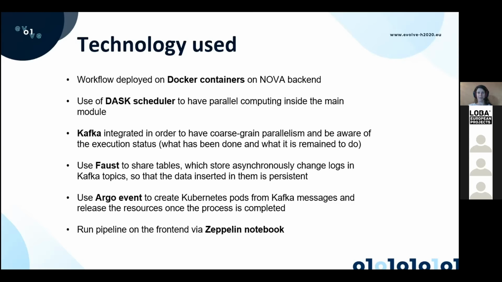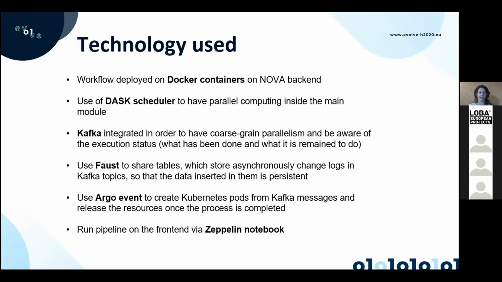And by doing that, we can have a coarse-grained parallelism. And the advantage also of Kafka is that, if you look at the log, you can be aware of the current status of your pipeline.